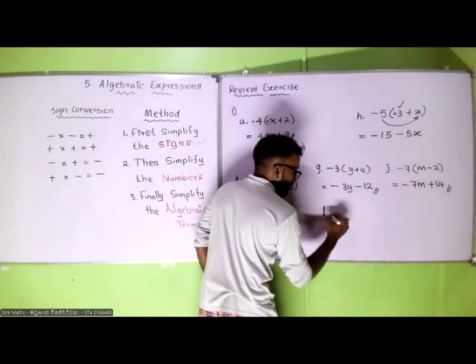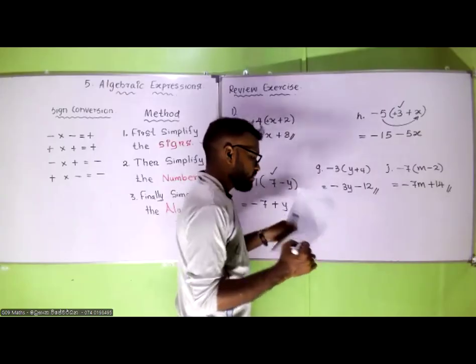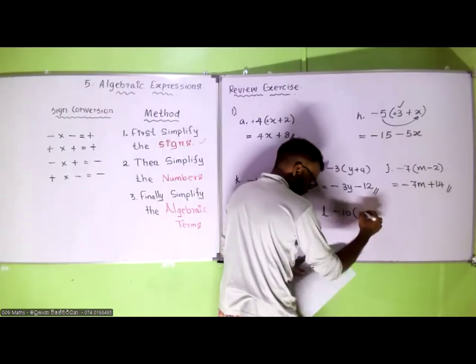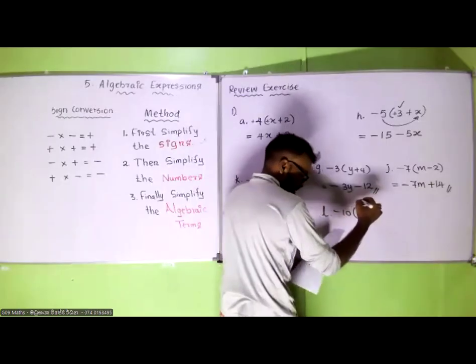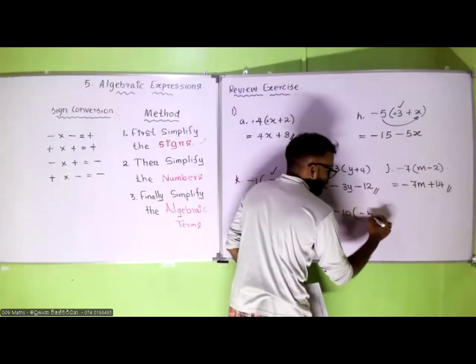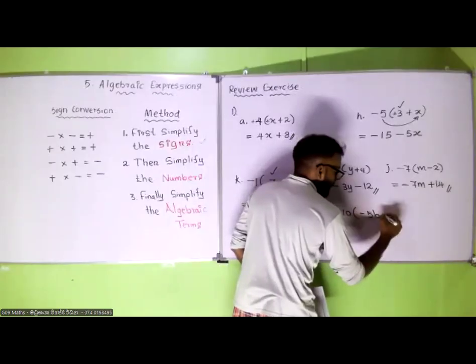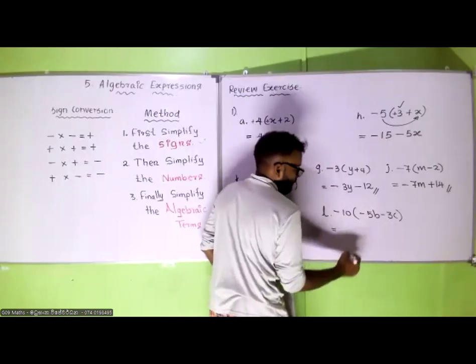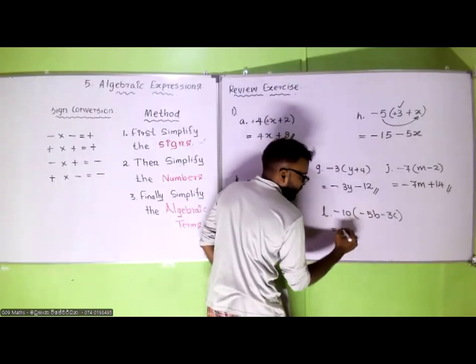L, last one. Negative 10 times negative 5b minus 3c. Negative into negative, positive.